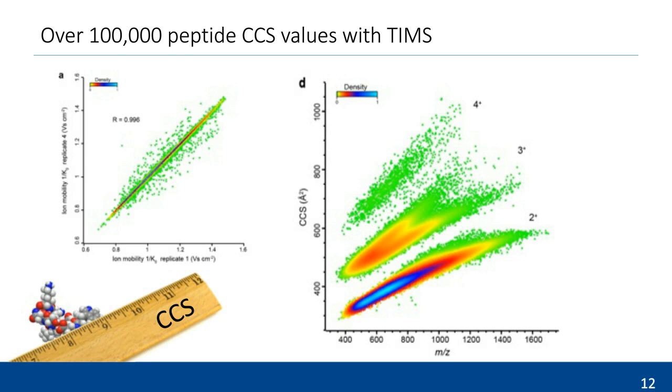I think this is an entirely new dimension for MS-based proteomics, and we just started to endeavor into this area and learn much more about the gas phase behavior of peptides and how they can be separated as a function of their collisional cross-section.